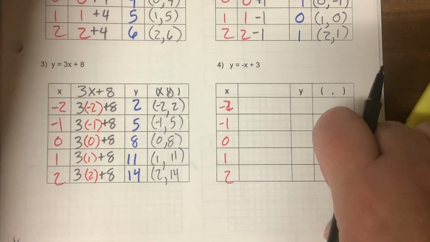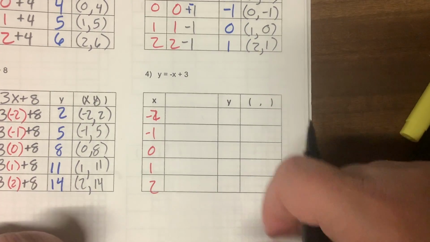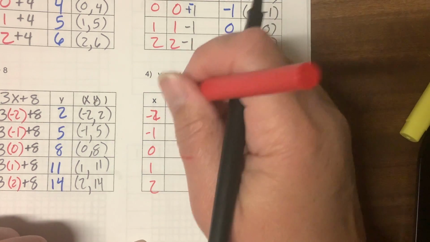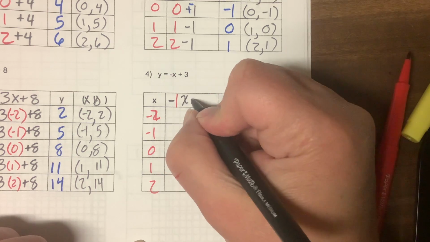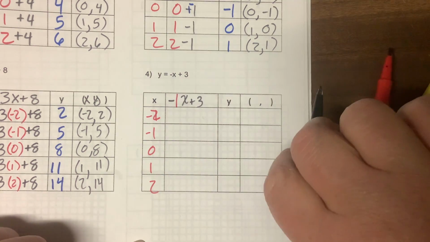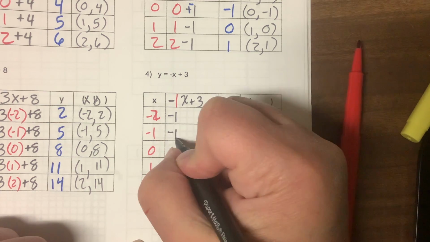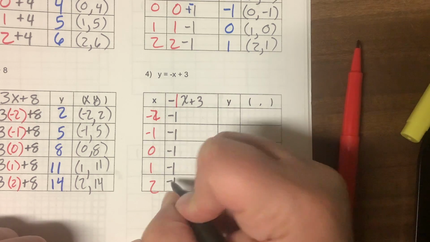Okay, over here. Oh, this is -1 times x plus 3. That means I'm multiplying everything here times -1. When there's a negative in front of the x, you're multiplying by -1.